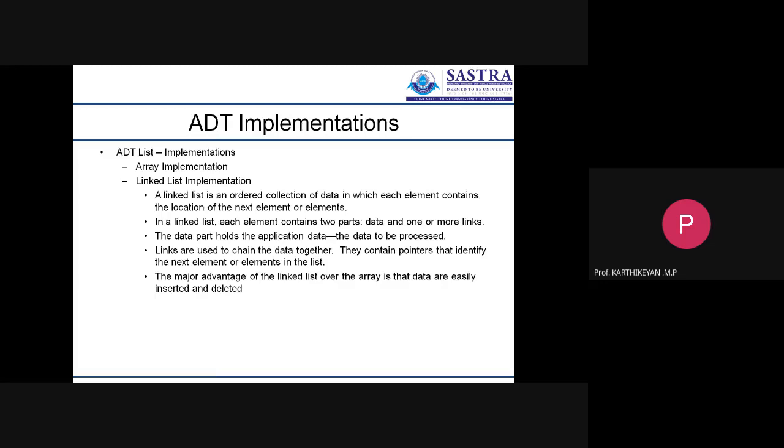You can store even the object of a class also. And links are used to chain the data together. After visiting one node, to move to the next node, we need the address of the next node. So that will be stored in the predecessor node. So they contain pointers that identify the next element in the list.